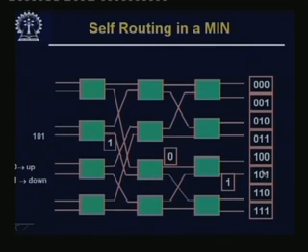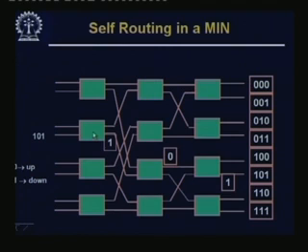Now, if you know to which output line you want to go, 1, 0 and 1 really become control signals for the switches on the way. Say 1 means go to the lower output line, 0 means go to the upper output line. Those which start with 0 come at the top, those which start with 1 come over here, and that is the same binary number order that we are maintaining.